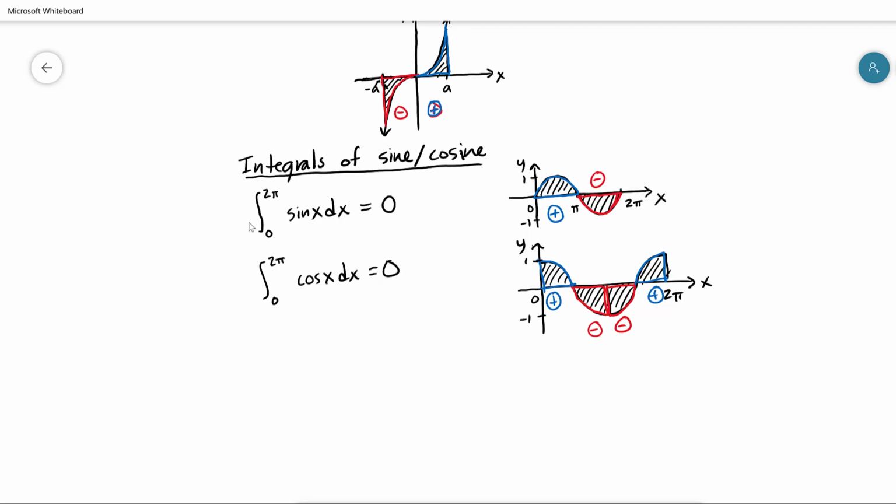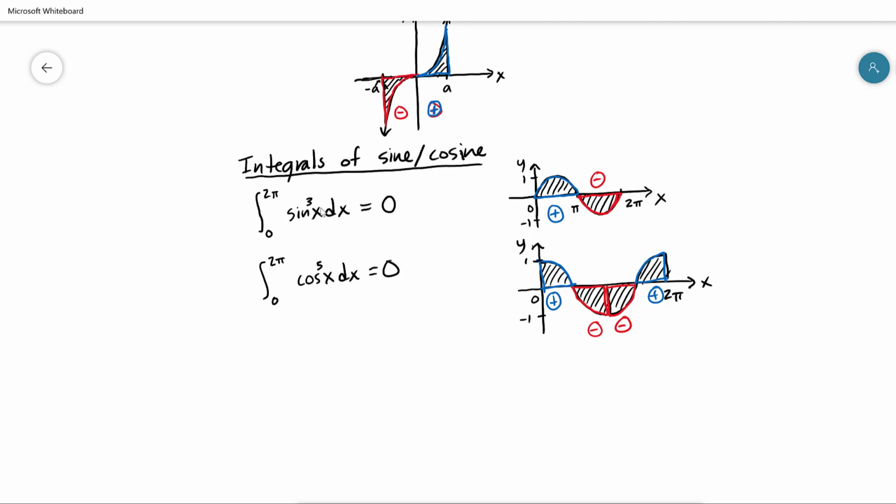So this is another useful thing to keep in mind. It also works for other powers. What if I did sine cubed of x? Or cosine to the 5th of x? As long as the power is odd, the portions that are positive will stay positive, and the portions that are negative will stay negative, and we'll get the same cancellation.